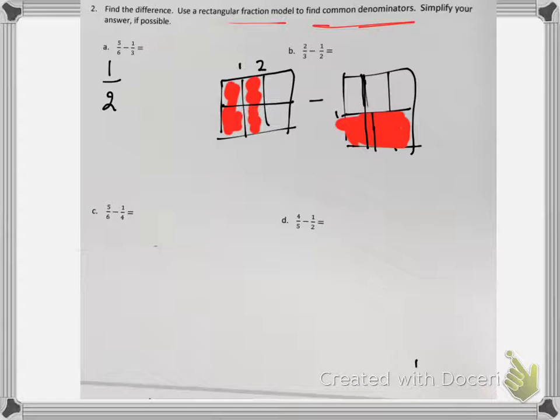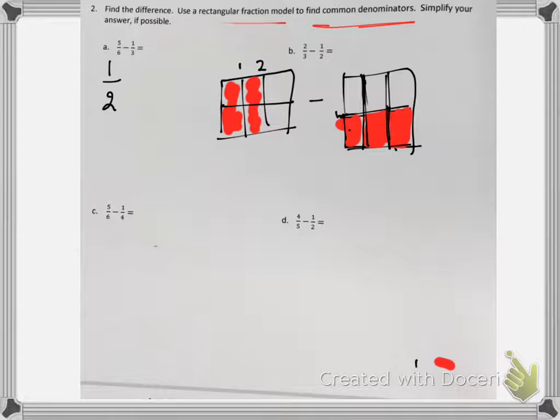They're messing up on the drawing aspect of it, so they'll count this as 1, 2, 3, 4. So we need to help them with their drawing and make sure we're getting neat rectangular fraction models. Now they don't have to be perfect, but I do want them to be a little neater than what we've been getting.